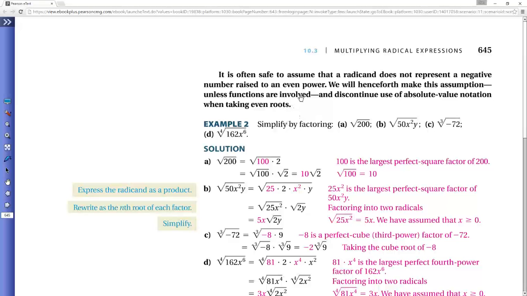It is often safe to assume that a radicand does not represent a negative number raised to an even power. We will henceforth make this assumption unless functions are involved and discontinue the use of absolute value notation when taking even roots. In other words, they're just trying to reduce the amount of steps that could be possible.